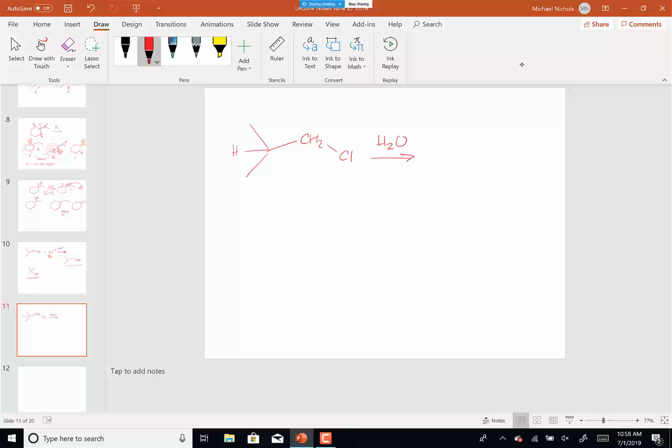And it says back, but I can do this. What if I slide my hydrogen over there, so that hydrogen moves with its pair of electrons over to the primary carbon, and then the chlorine gets kicked off.